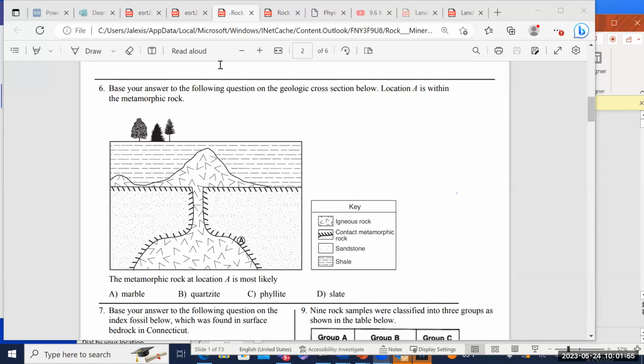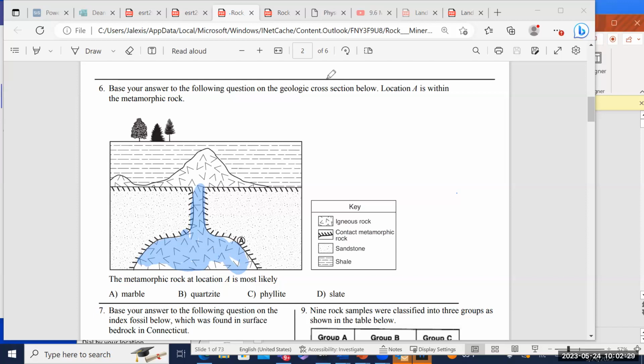When we see a question like this, remember that this igneous intrusion is very, very hot. And what do we know about metamorphic rocks? A metamorphic rock can be created if a rock has been exposed to intense heat and or pressure.